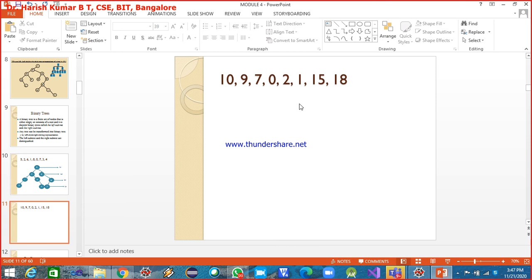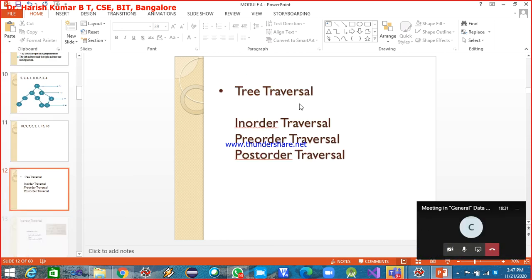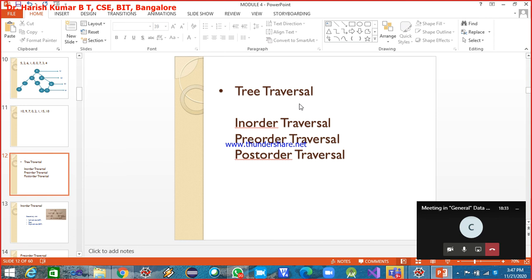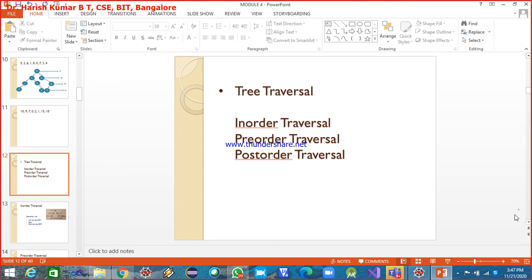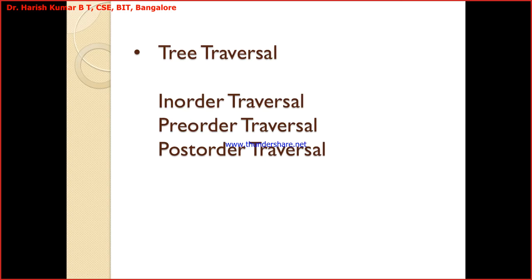It's easy. So the next thing that we focus on is tree traversal. When it was a singly linked list, a doubly linked list, or a circular singly linked list, we used to take a pointer and traverse from the beginning till the last node, and in a circular list from the last node all the way back to the first node.